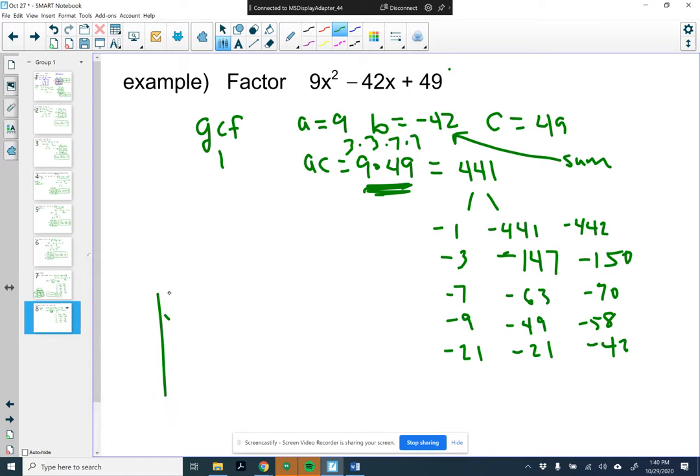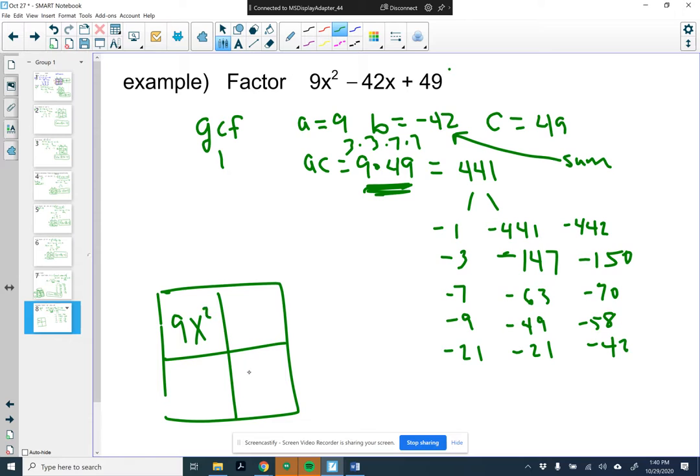We'll build our table. First term gets the first square. Last term gets the last square. Middle term gets split into 2 pieces. Greatest common factor for each row.